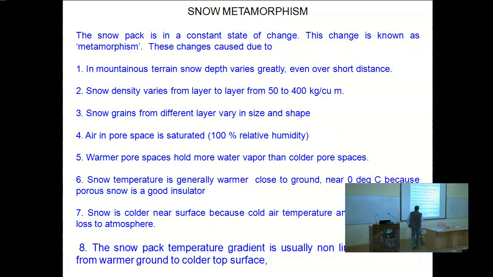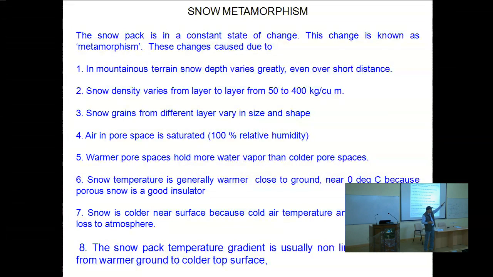Metamorphism takes place essentially because mountains have a very peculiar phenomenon: snow varies greatly, even over a short distance. Even if snow is falling equally, it gets redistributed on the land.